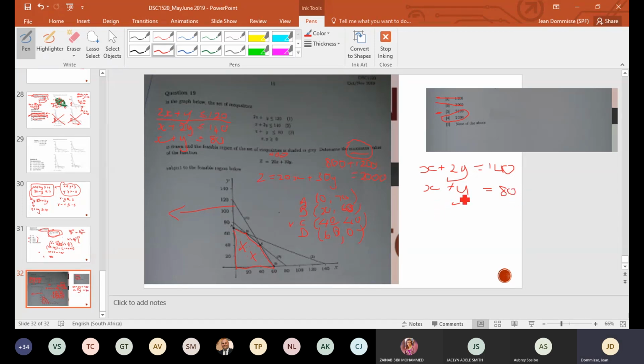So I would say let's subtract the two. When the x's disappear, y will be equal to 60, which was actually a good guess of mine. Then if I put 60 in there, x would have been 20. So it would actually have been that point. That was where you have maximized it. So it would have given you option 4. Okay, happy with that one?